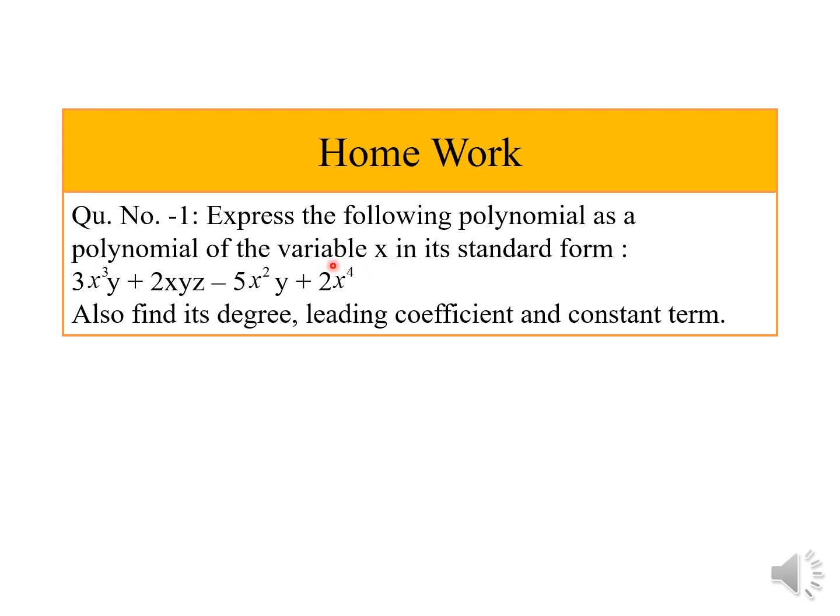Here the variable is x, so its maximum power will be first. So this term will be first, then x cube, then x square, and at last x. And also find its degree, leading coefficient, and constant term.